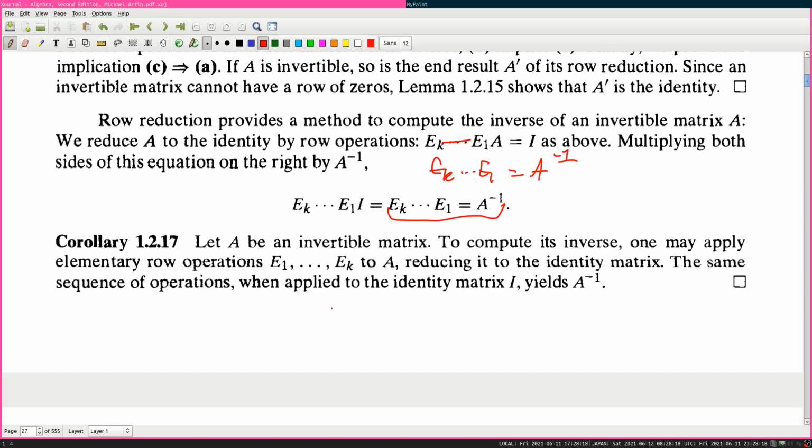Let A be an invertible matrix. To compute its inverse, one may apply elementary row operations E_1 up to E_k to A, reducing it to the identity matrix. The same sequence of operations when applied to the identity matrix I yields A inverse. Duh!